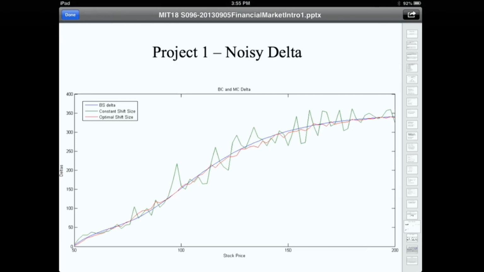While if you use the optimal shift size, which Dushan computed, it would be much smoother and much better. That's what he did, and we are actually implementing it in our systems and plan to use it in practice.